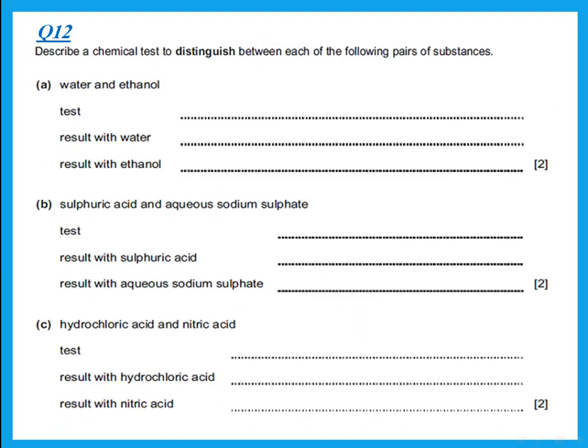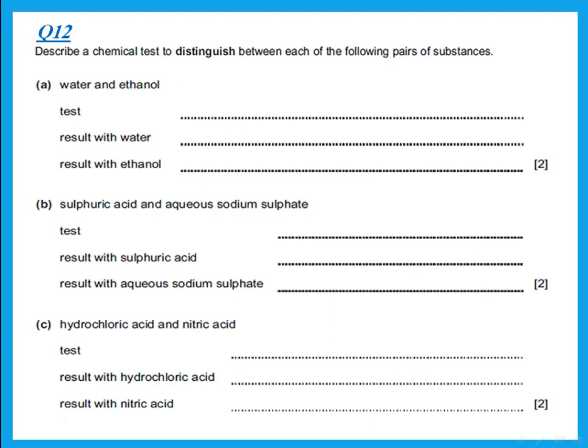Okay, the next question is talking about distinguishing again between 2 things. And remember we said if we're distinguishing between 2 things, we should do one test either that works with one and not the other, or works with one and gives a different result with the other.